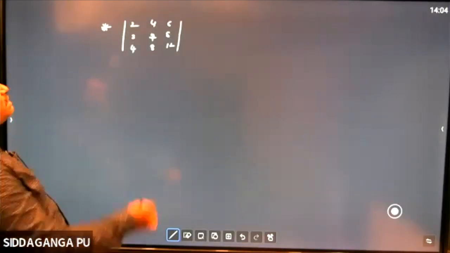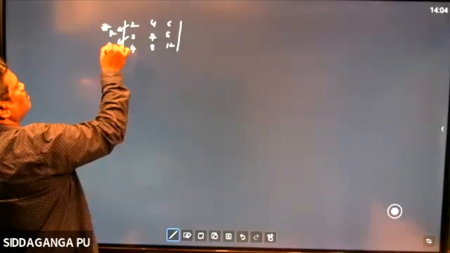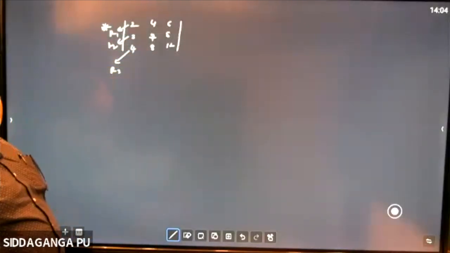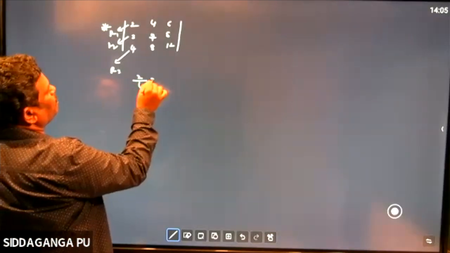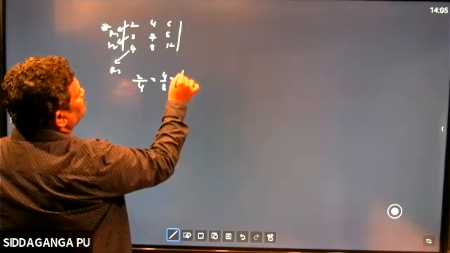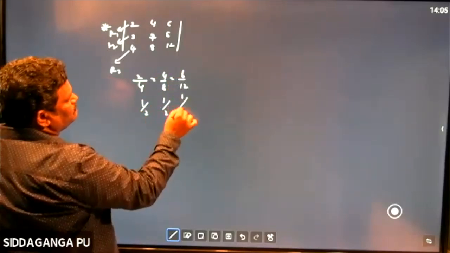Here this is the first row, this is the second row, and this is the third row. Now what we observe is that in this determinant the first row and third row are proportional. 4 by 8 is equal to 6 by 12, and the ratio is 1 by 2 each time.